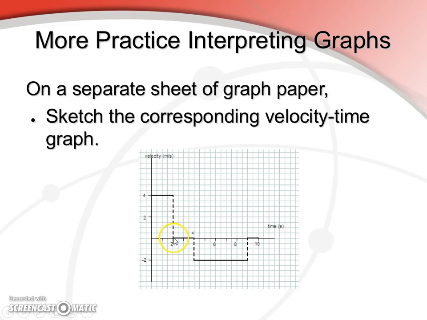There's a discontinuity. Then we're at 0 meters per second for 2 seconds. Then at -2 meters per second from 4 seconds to 9 seconds; remember this is velocity, so there's direction. Another discontinuity, and then 0 meters per second for the last 1 second segment.